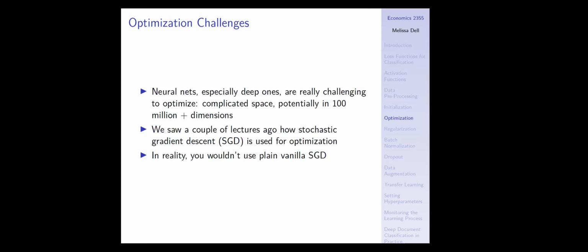That's a very simple idea, right? And we saw how that took you towards the minimum. In reality, that was to give a general intuition for how we optimize, but you wouldn't actually use just the plain vanilla stochastic gradient descent like we saw in the video.